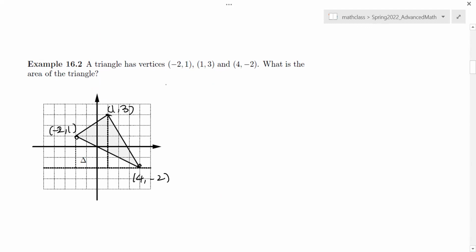Can you find the area of this triangle using the subtraction method? How do you do that? The vertex is not at the origin, right?